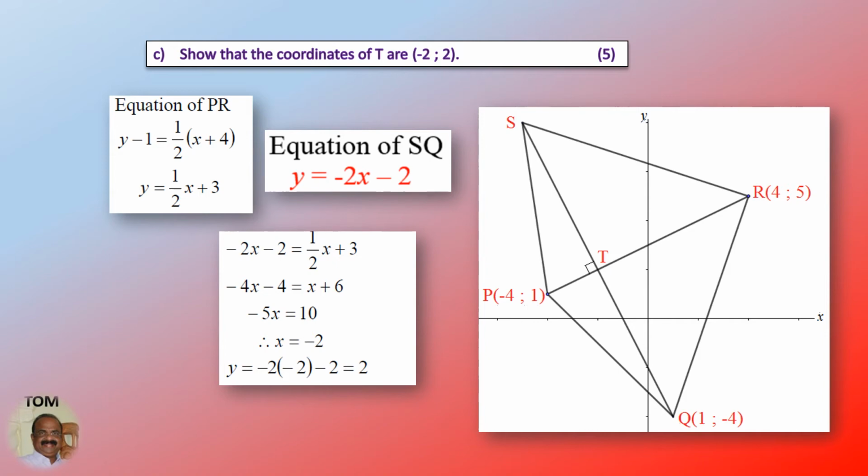So the x coordinate of T is now minus 2. Y coordinate, we substitute x equal to minus 2 into the simplest equation, y equal to minus 2x minus 2. We substitute minus 2 and we get y equal to 2. Now the coordinates of T are minus 2, 2.